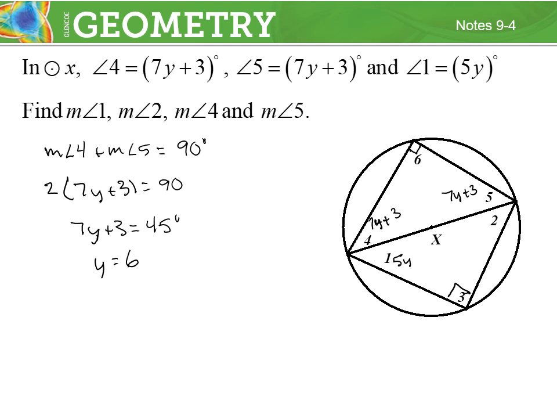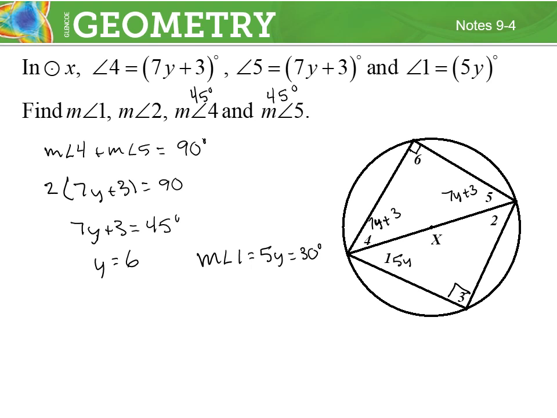So the measure of angle 1 and the measure of angle 2 we know right now is 45 degrees each, because they have to be equal and they have to add up to be 90 degrees. The measure of angle 4 and 5 go over there. So 45 here, 45 degrees right there. Okay, so the measure of angle 1, we just take that y that we figured out and we plug it in and you get 30 degrees.